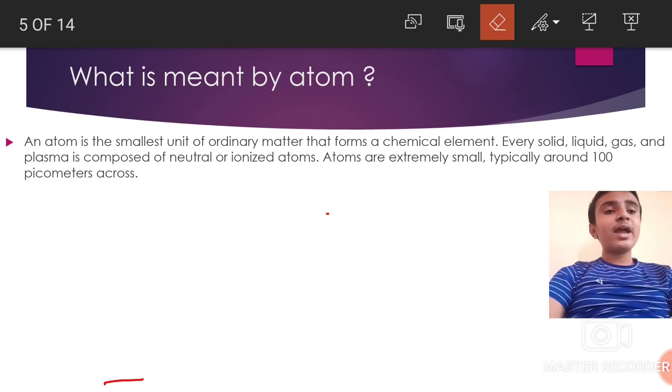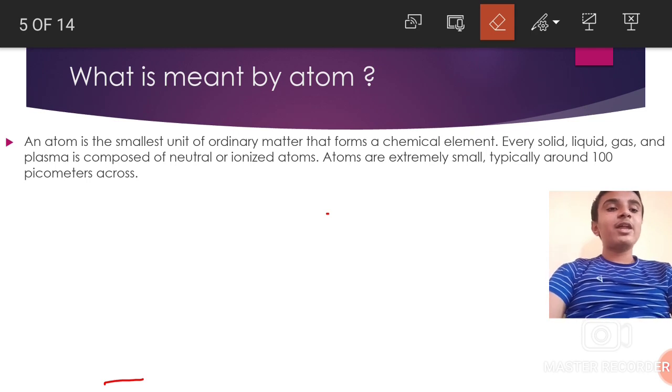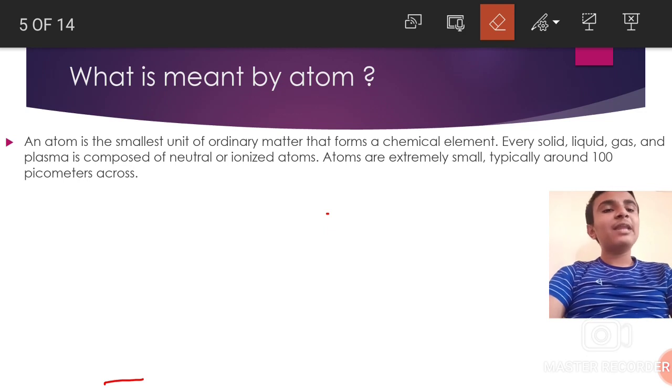So cells are on the size scale of nanometers, but atoms are on the size scale of picometers, even smaller than cells. And today's fact is that cells are made up of atoms. Every matter on this earth is made up of atoms, and our body cells, including animal cells and human cells, are also made up of atoms.